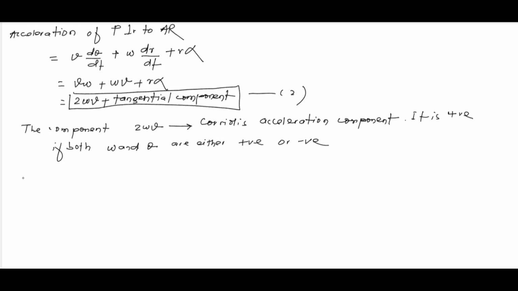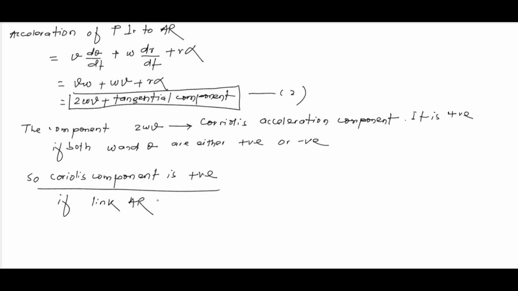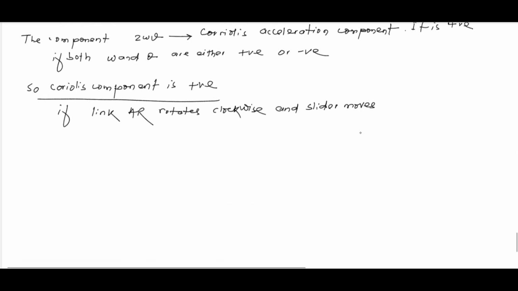So you can say the Coriolis component is positive if the link AR rotates clockwise and the slider moves radially outward.